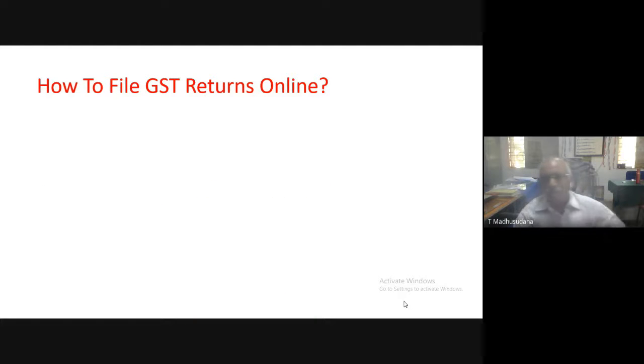Now, how to file GST returns online? Whatever returns we have discussed so far, all these returns are to be submitted through online only. No manual returns are to be submitted. All are online returns.